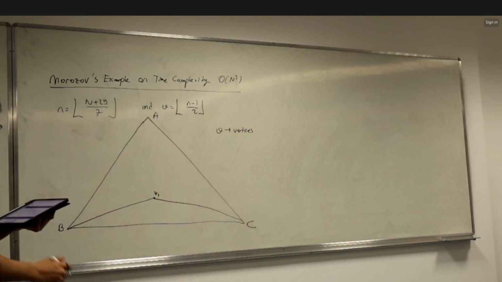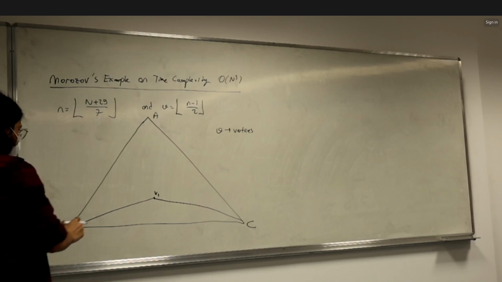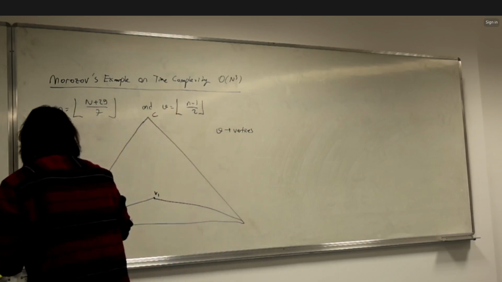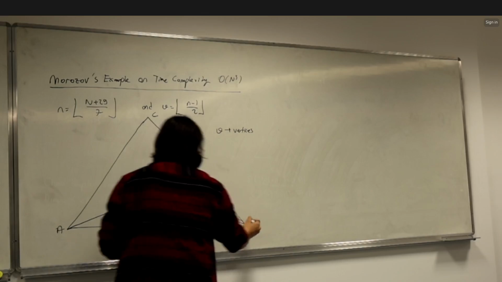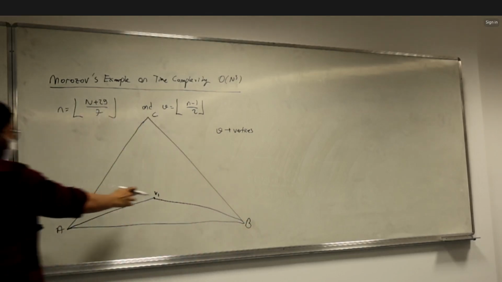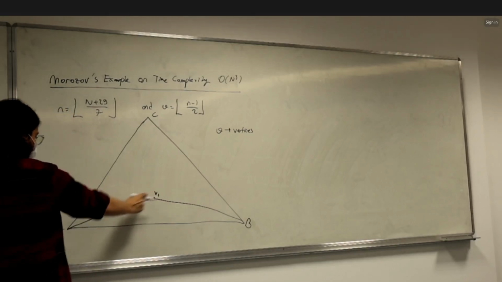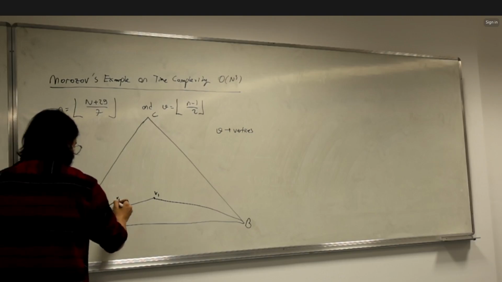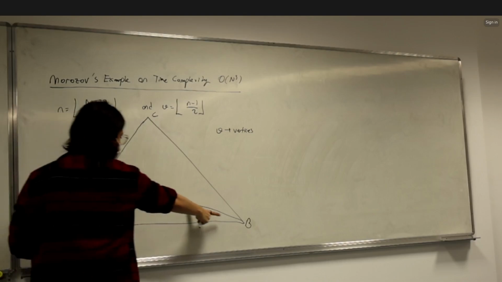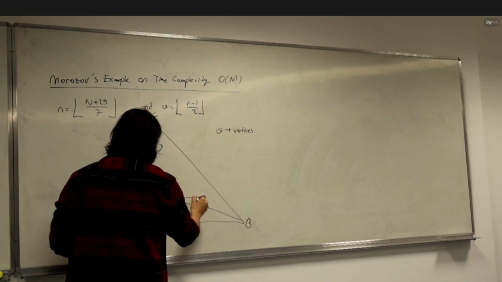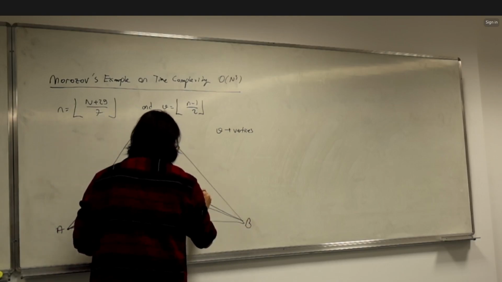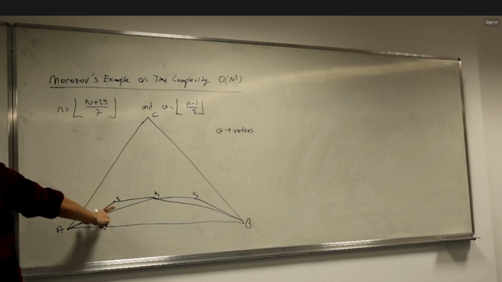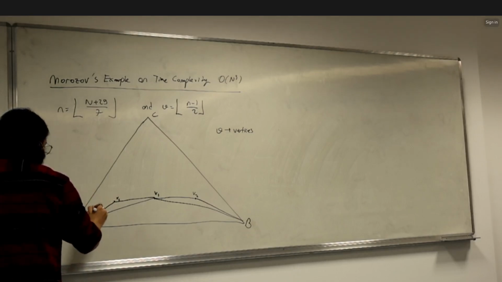And then he puts the second vertex near the middle of AV1, so somewhere around here. He puts the third one near the middle of BV1. That's V3. And then he puts the fourth one near the middle of AV2, which is around here. V4.